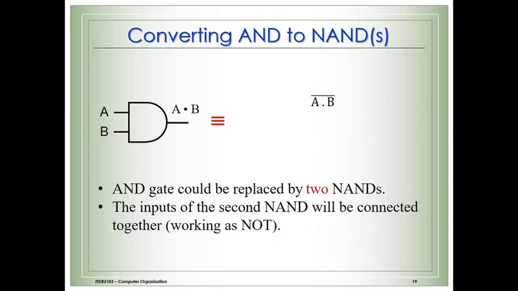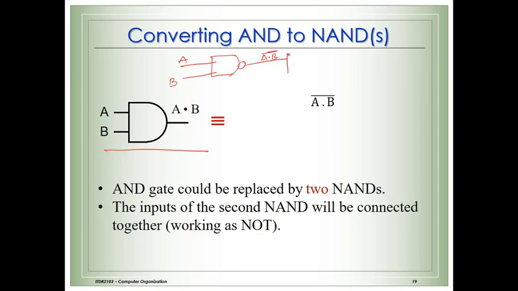Now let's see the AND gate, and how we convert AND to NAND gate. So here this is the AND gate. Let's use a NAND gate for A and B. So if it was A and it was B, we get (A and B) whole NOT.